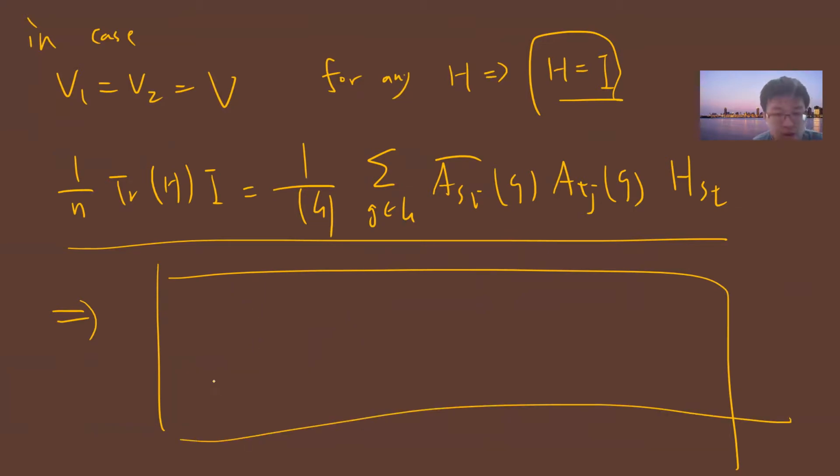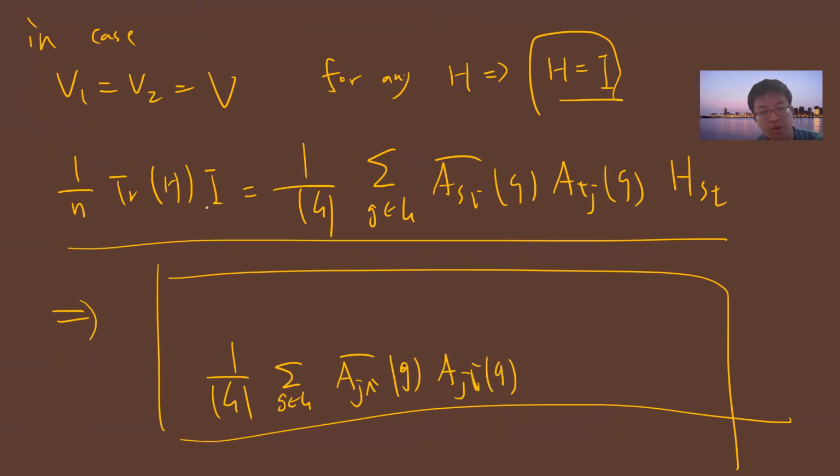One is the 1 over G, sum over G, A_JI(G) A_JI(G). Right? If we pick out the diagonal term, then we pick H to be identity. So in order to be non-zero, S must be the same as T, right?